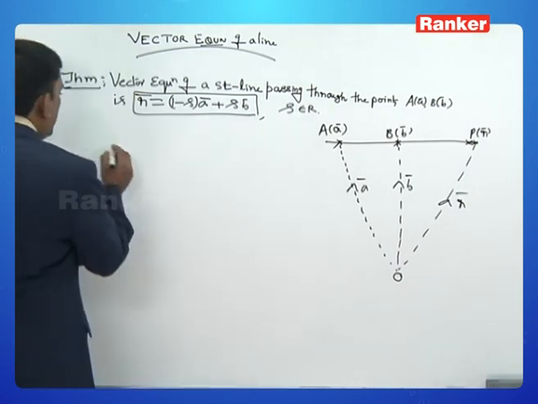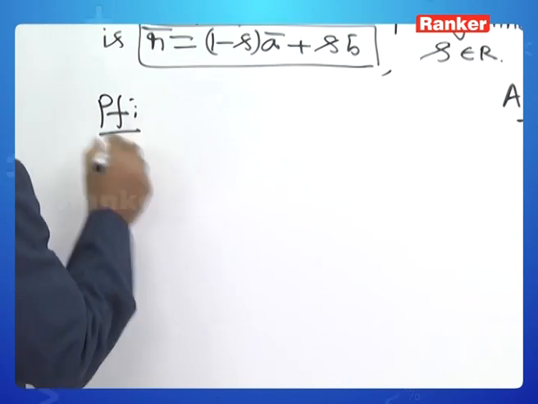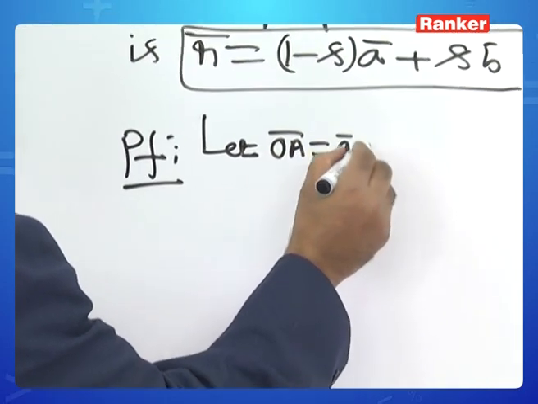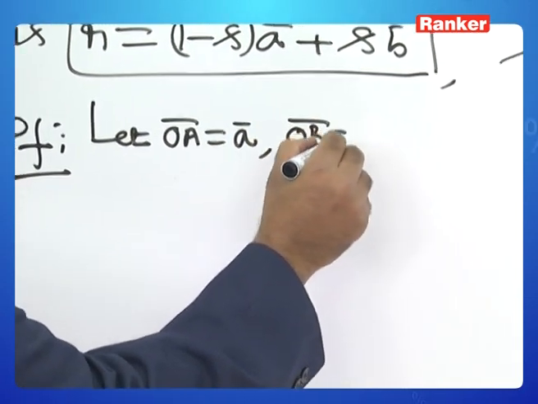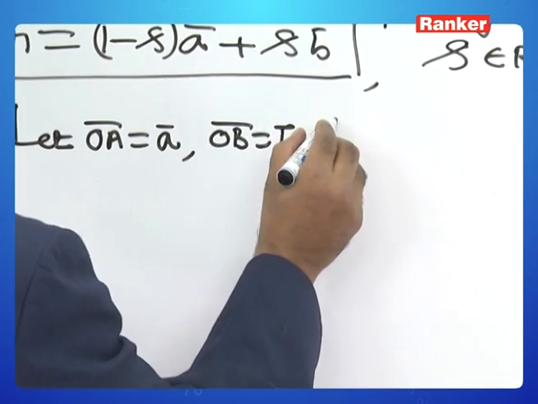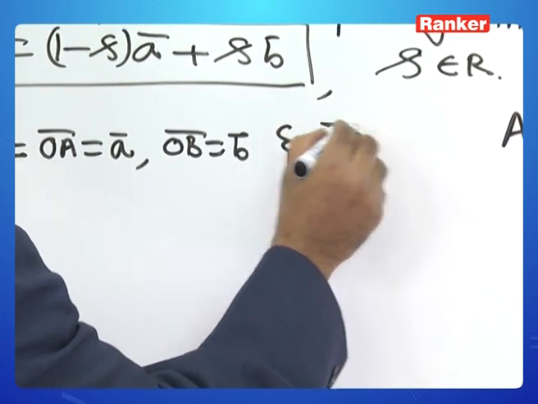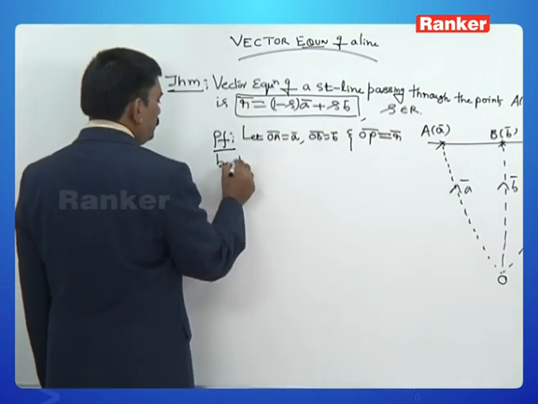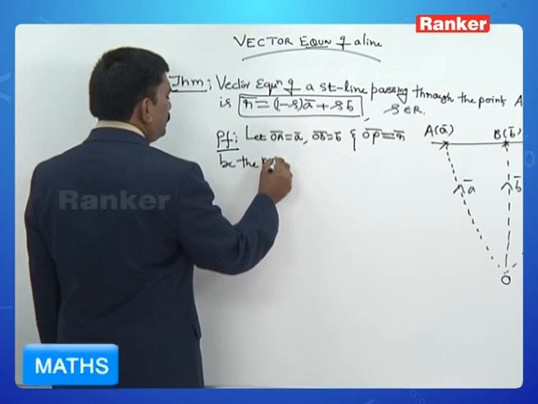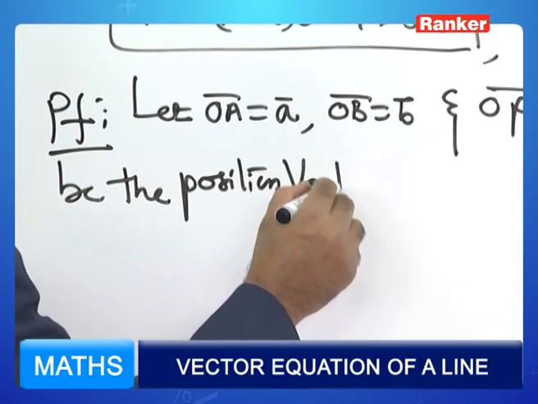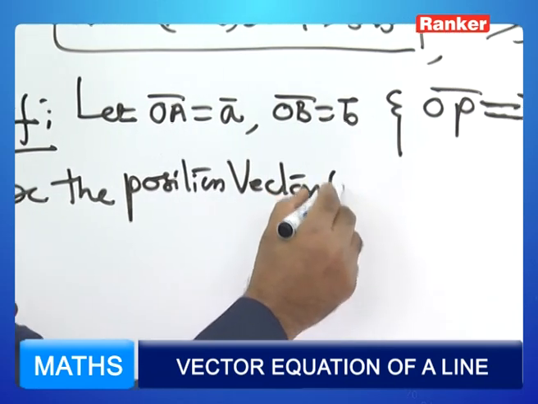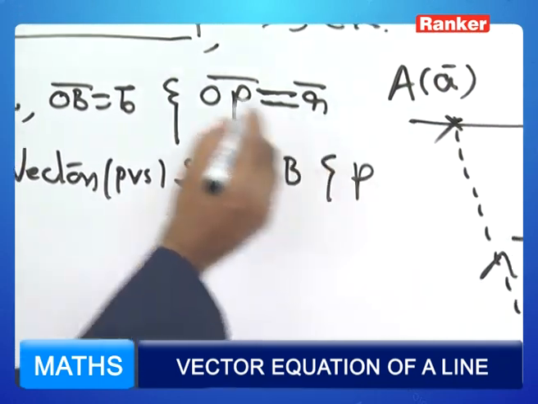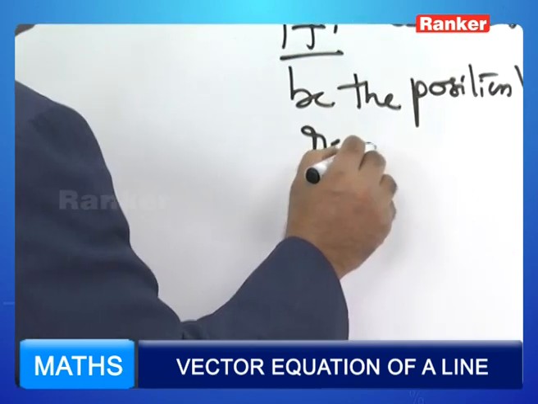Now, the proof of this is: let OA bar is equal to A bar, OB bar is equal to B bar, and OP bar is equal to R bar be the position vectors of capital A, comma B and P respectively.